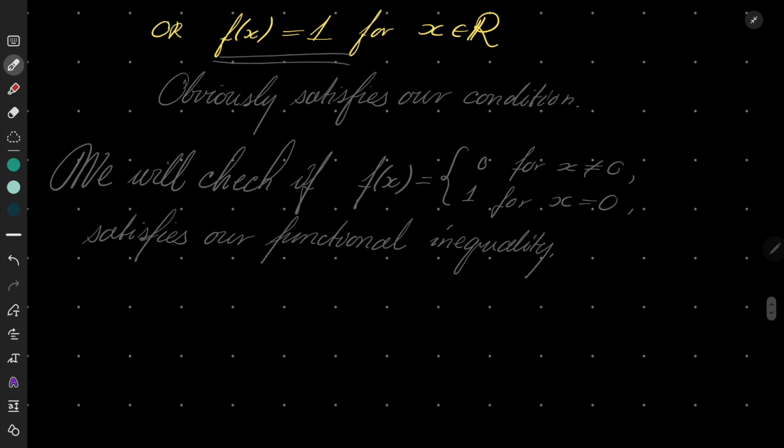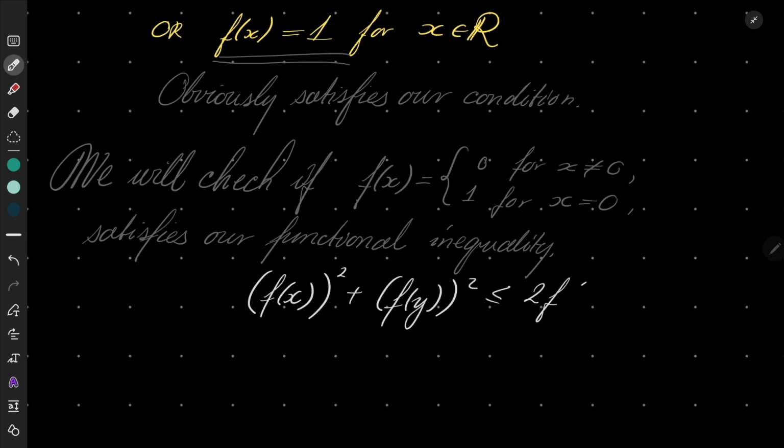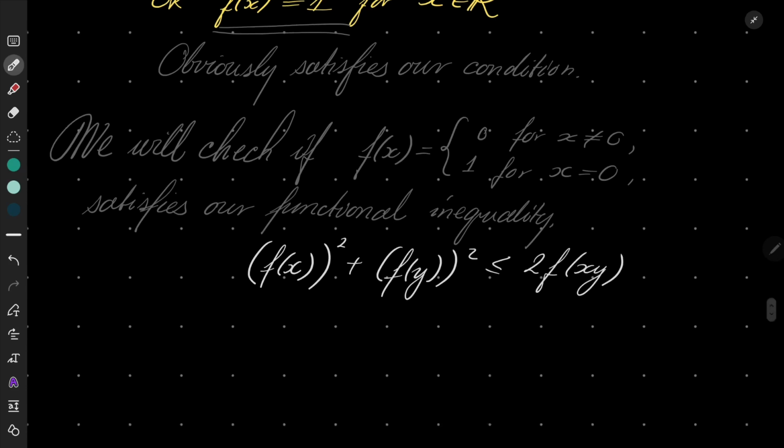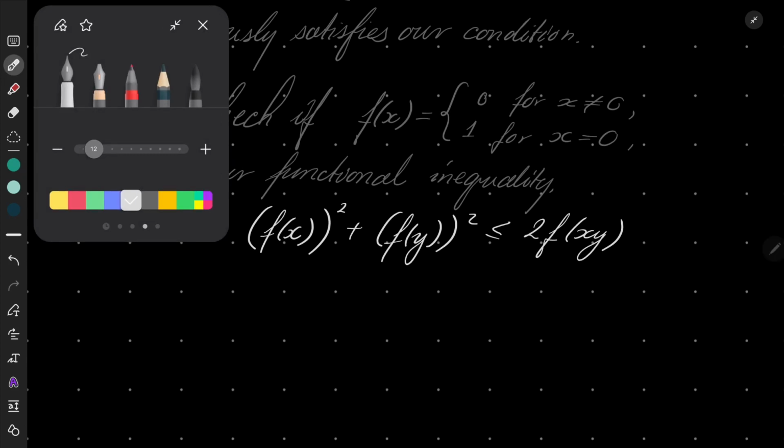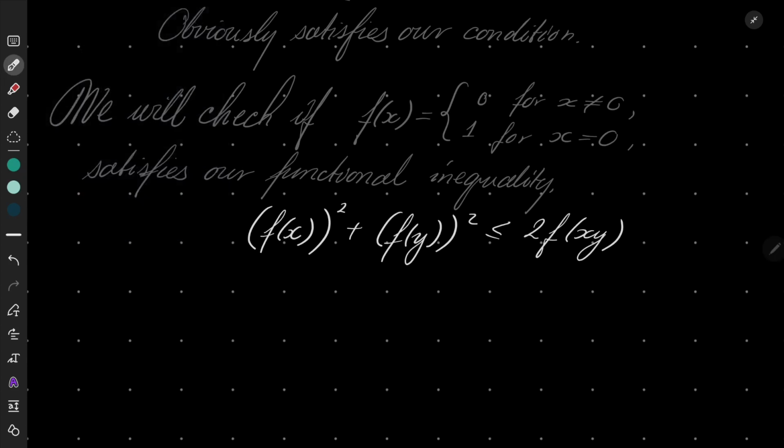Well, recall that our inequality was f of x squared plus f of y squared less than or equal to 2 times f of x times y. And now let's notice the following.